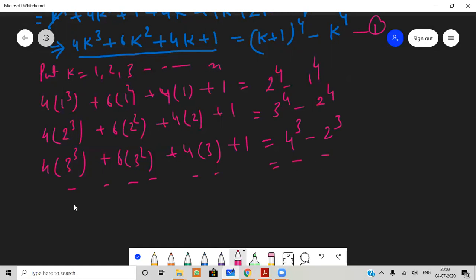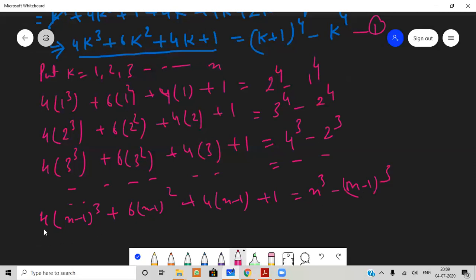So we leave out all the terms in between and go for k equal to n minus 1. It becomes 4 into (n minus 1) cubed plus 6 into (n minus 1) squared plus 4 into (n minus 1) plus 1, just a substitution, very easy. So n minus 1 plus 1 will be n, giving n to the power 4 minus (n minus 1) to the power 4.